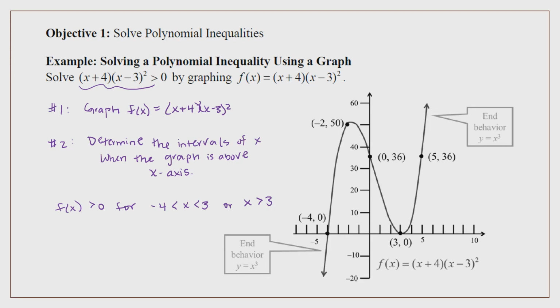We then can write out our answer either as a solution set or in interval notation. As a solution set, it would look something like all x values where x is greater than -4 and less than 3, or x is greater than 3.